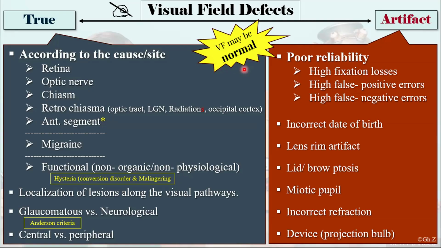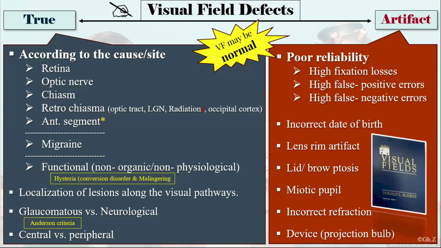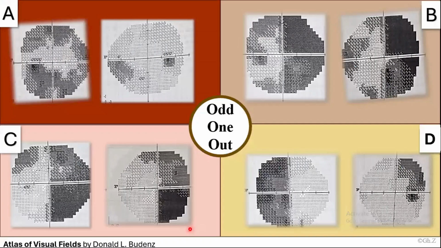So don't underestimate these simple cases, and don't be surprised if you're given a normal visual field printout. As a reference, I'd recommend the Atlas of Visual Fields by El-Abedin. It contains minimal text and focuses mainly on visual field images. However, all the examples are from Humphrey perimetry. Still, it is a very useful source.